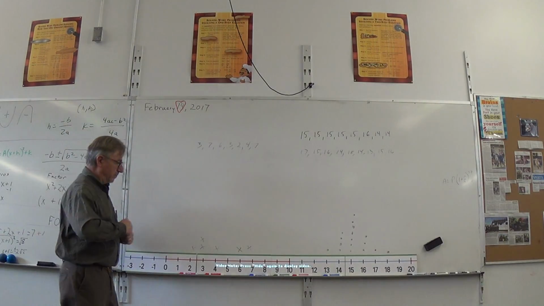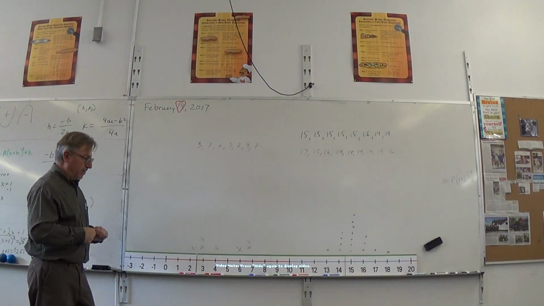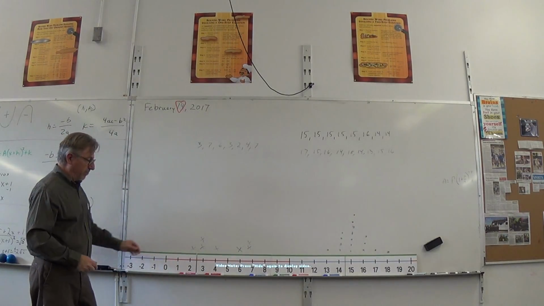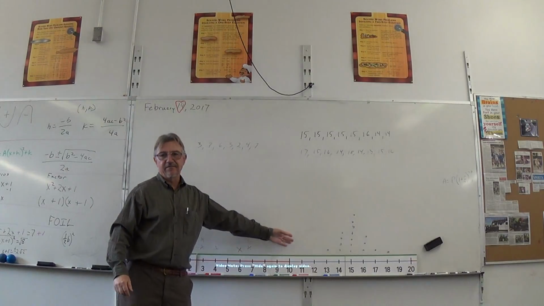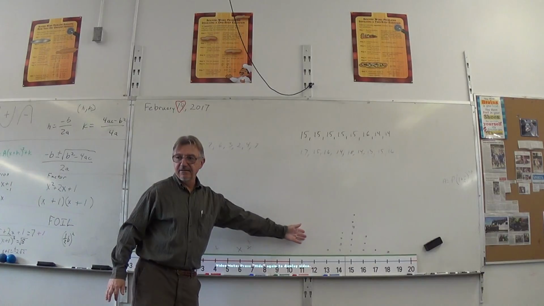There's 2 sevens. Okay, so there's a line plot. Line plot, dot plot, it's the same thing. No, these have dots. The other one has X's.